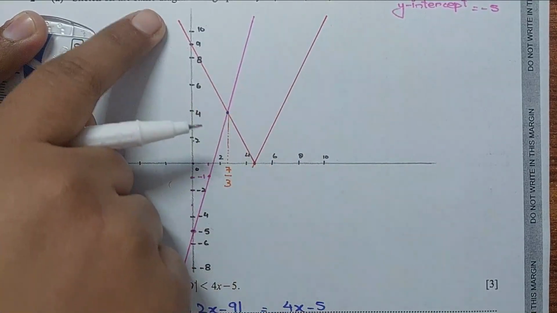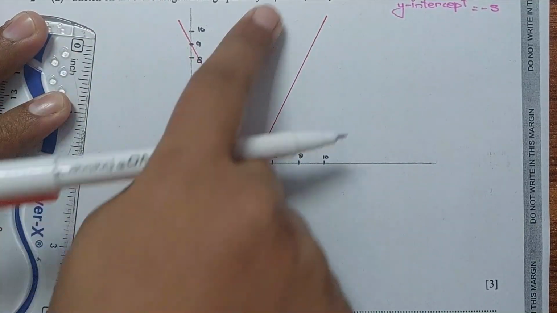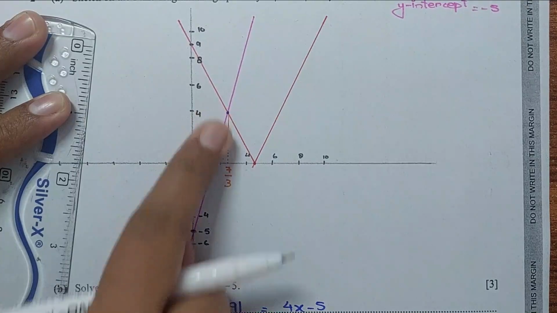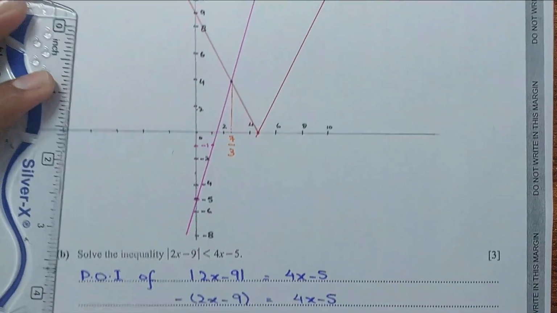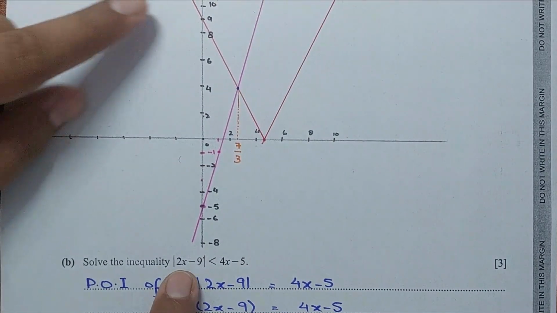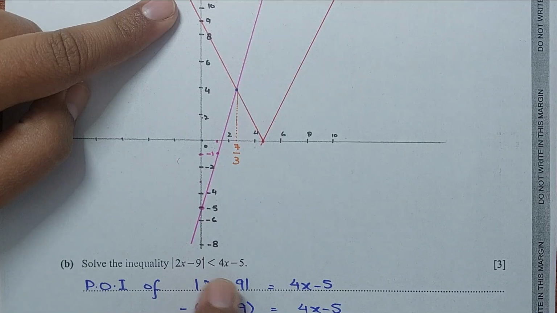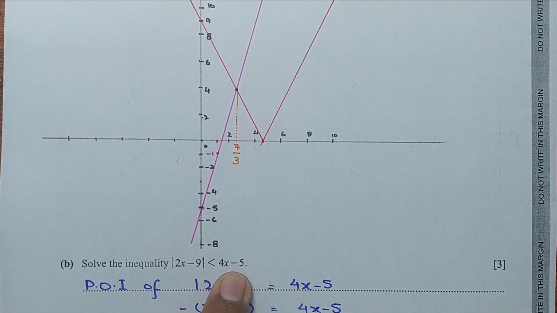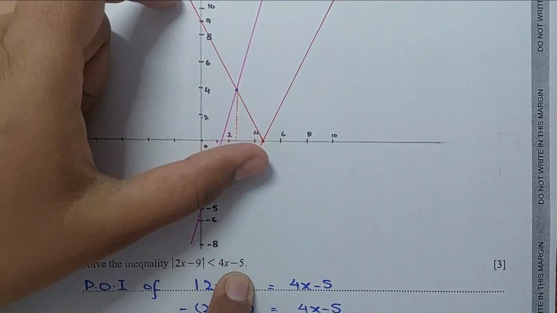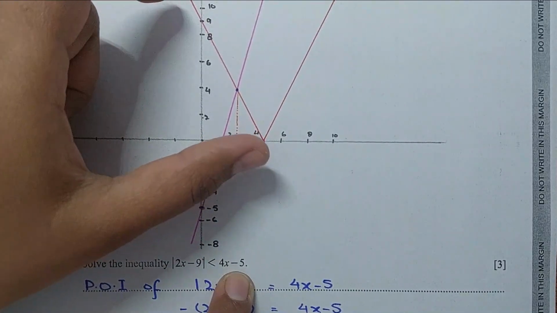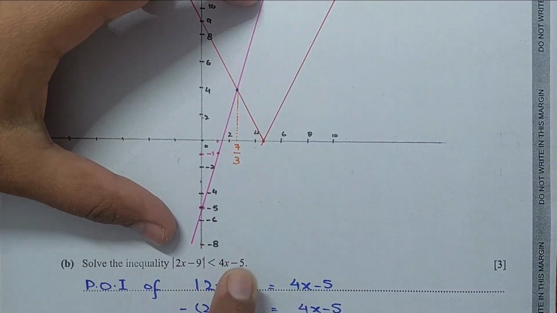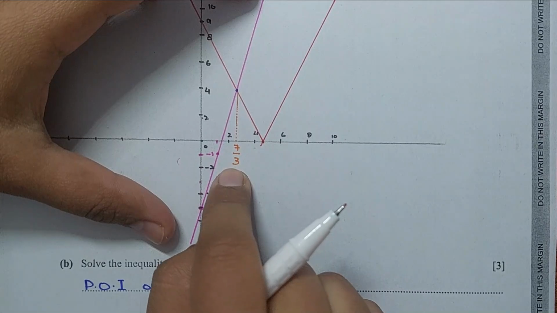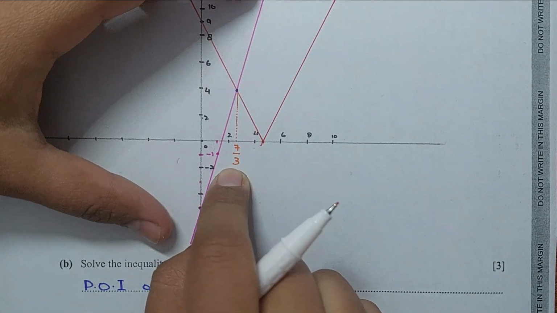Okay, so the absolute function and the linear function intersect at this point, right? Now we need to figure out when this absolute function is less than this linear function. The absolute function is less than this linear function when you put values of x which are more than 7 by 3 or less than 7 by 3.